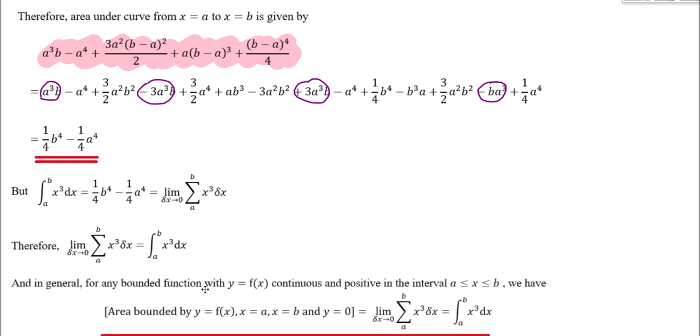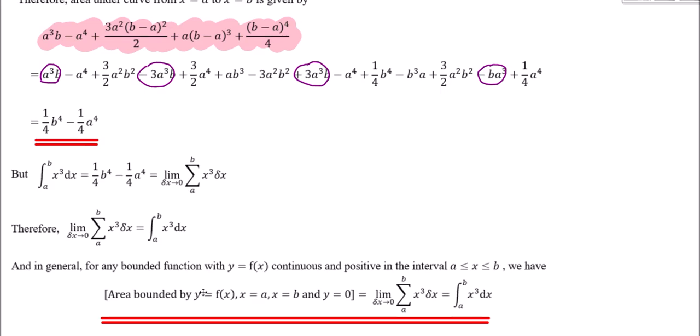So generally for any bounded function, with y equals f of x being continuous and positive in between a and b, just to make it simpler, we have that the area bounded by y equals f of x, x equals a, x equals b, and y equals 0 is the same as the limit as delta x approaches 0 of the sum in between a and b of f of x delta x, which is the integral of f of x dx. So now we've proven it.